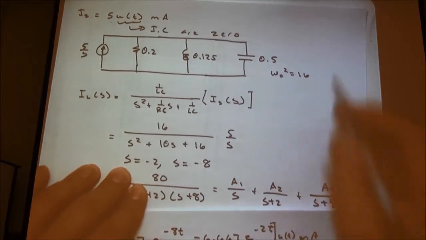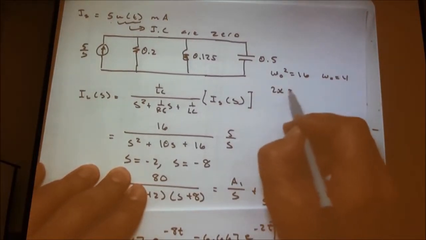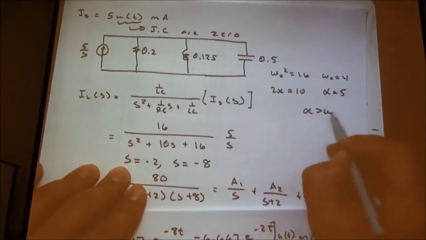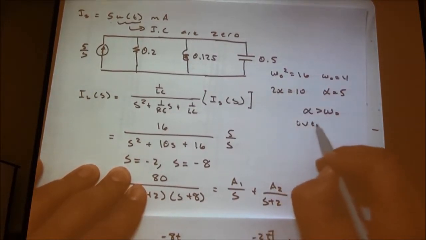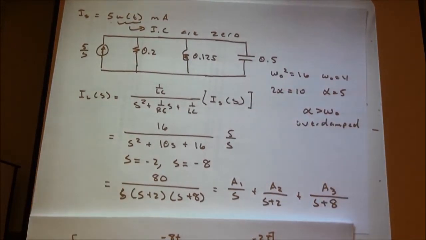We've derived this before, which means omega naught is 4. And 2 alpha was 10, which means alpha is 5. And alpha is greater than omega naught. And that's the condition for overdamped. All right. So, time for a team assignment, and then we'll look at some critically damped and underdamped as well.